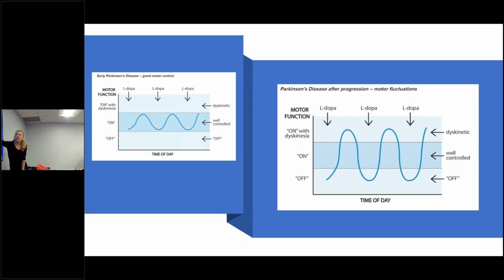They enjoy a little period in a good on state where their meds are working, but they shoot into having dyskinesias, which are bothersome. Then as the medicine comes down, they're in that good on state again, but whoops, now all their slowness comes back. Dose again, cycle repeats. Dose again, cycle may repeat.